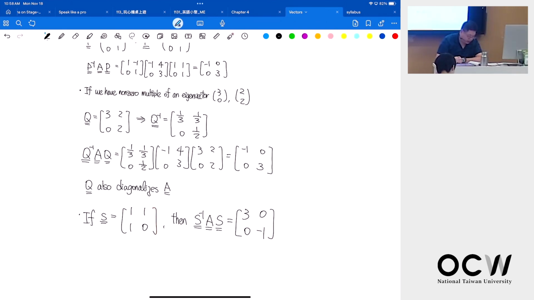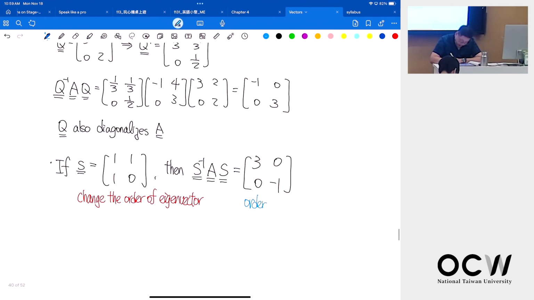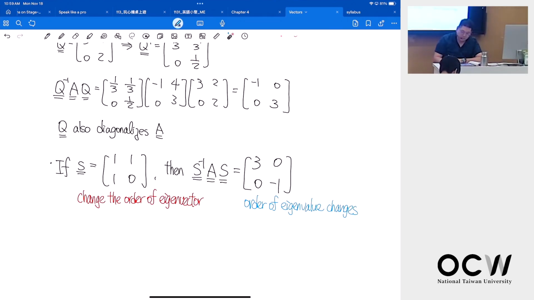So here I change the order of the eigenvectors, and then for the diagonal matrix, the order of the eigenvalues changes.